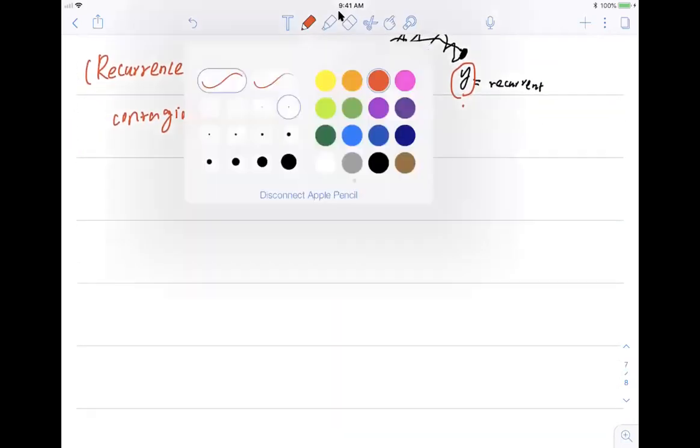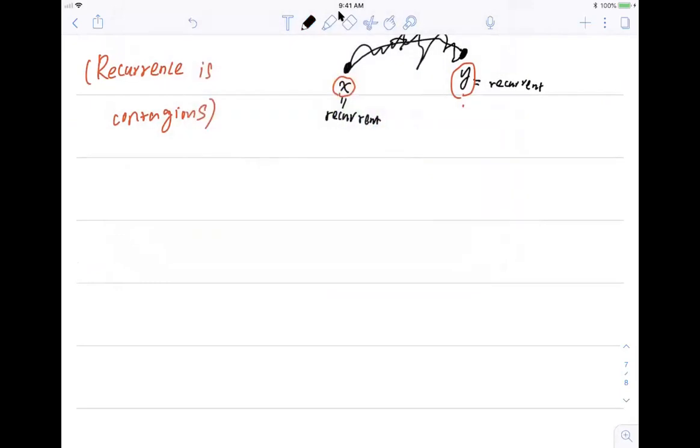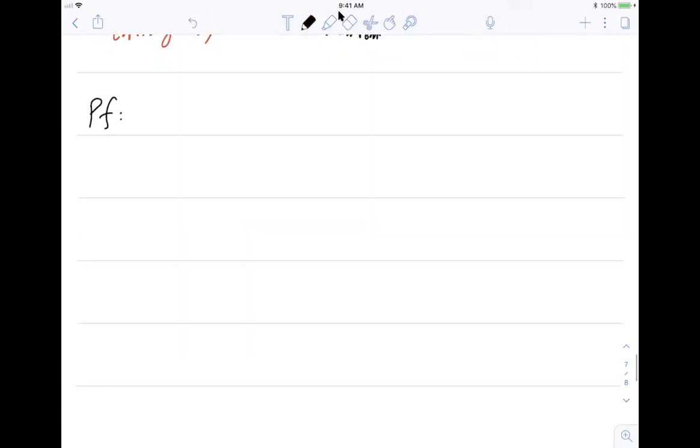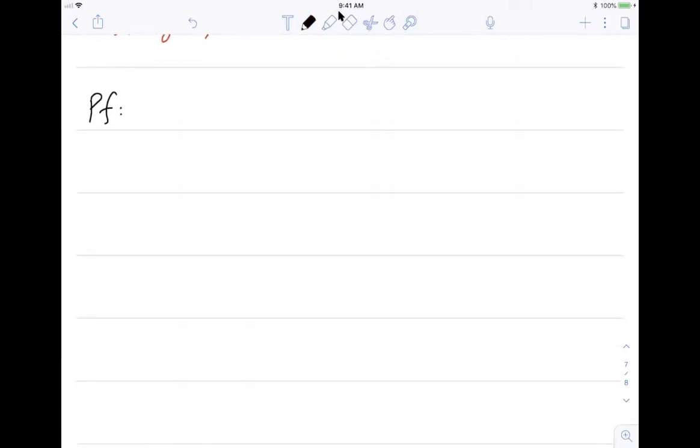Let's just do the proof, a very short proof, just to give you the idea. I will do this proof because this is one of the basic proofs, and then I can skip some of your reading.